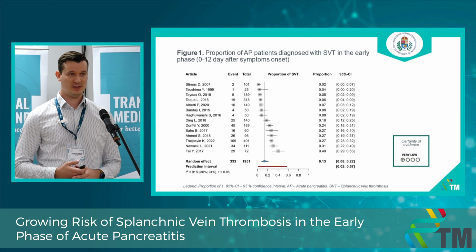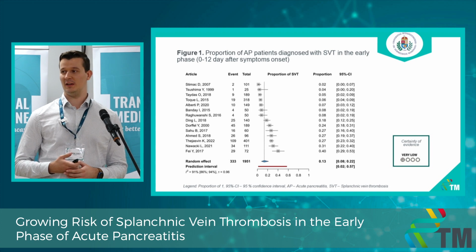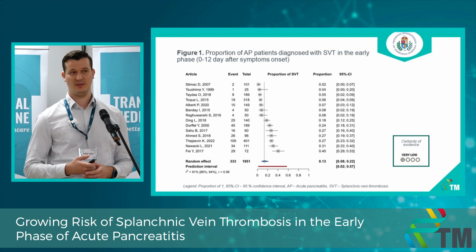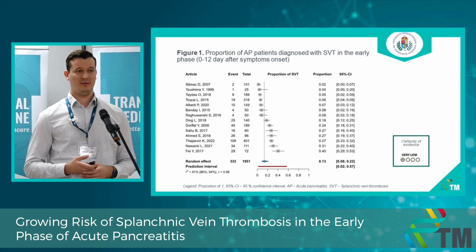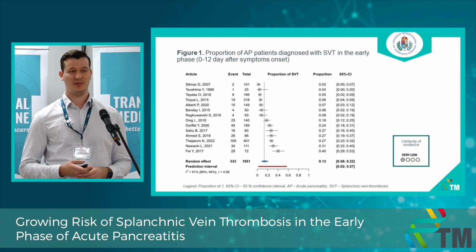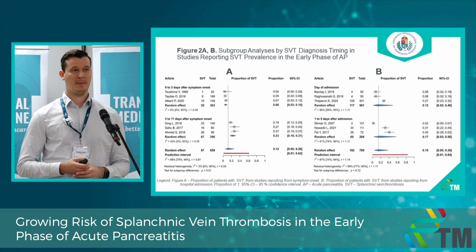The result is expressed as a proportion between 0 and 1, and 0.13 or 13% roughly means 1 in 8 patients are affected. We have also found really high heterogeneity, with I-squared of 91%, and we have done further subgroup analyses to explore the causes, and we have found several of them.